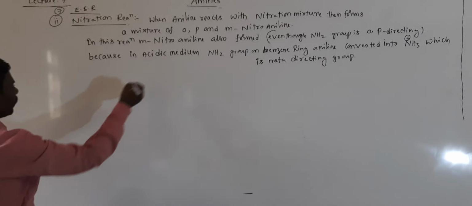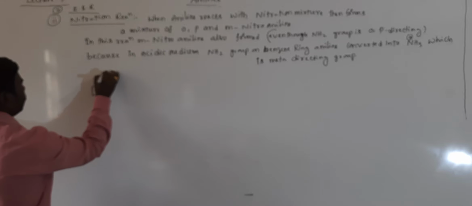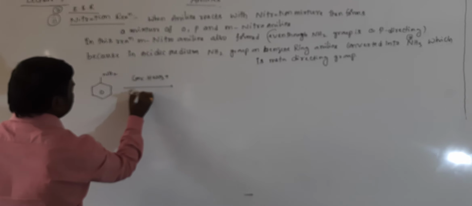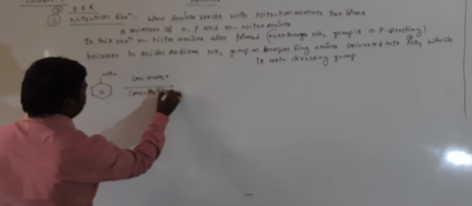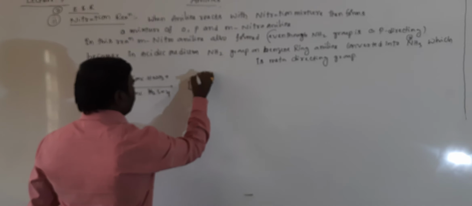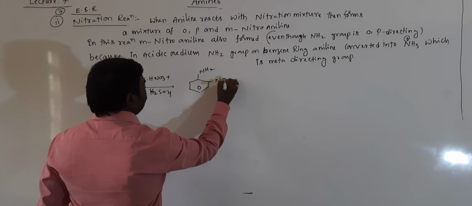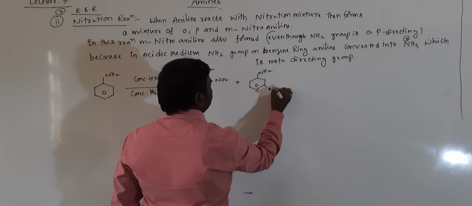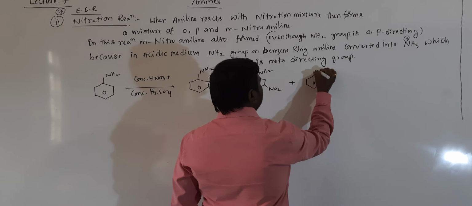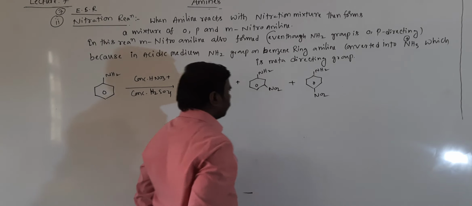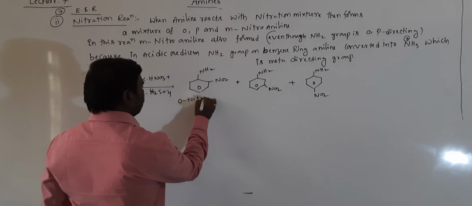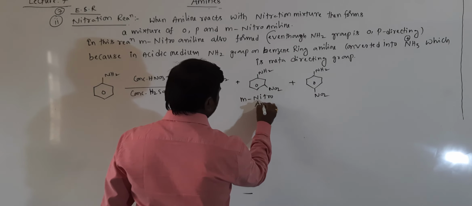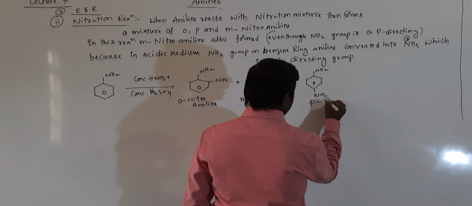That is, aniline on nitration with concentrated HNO3 plus concentrated H2SO4 then gives rise to the products: NH2 NO2 ortho, plus NH2 NO2 meta, plus NH2 NO2 para. This is ortho-nitroaniline, this is meta-nitroaniline and this is para-nitroaniline.